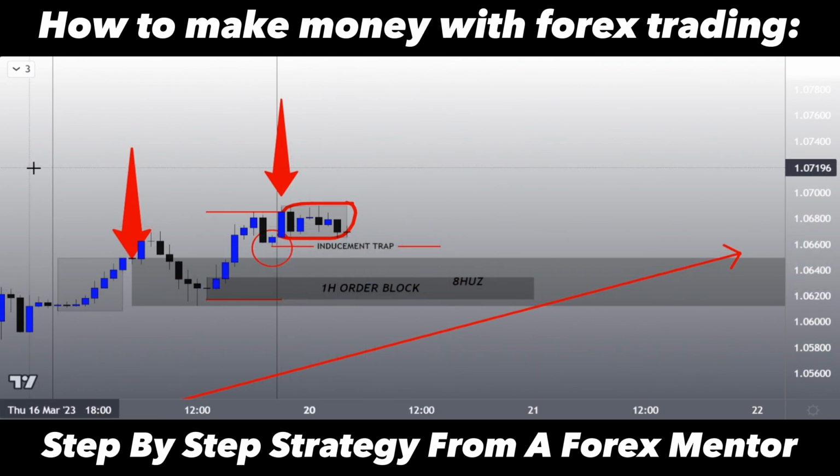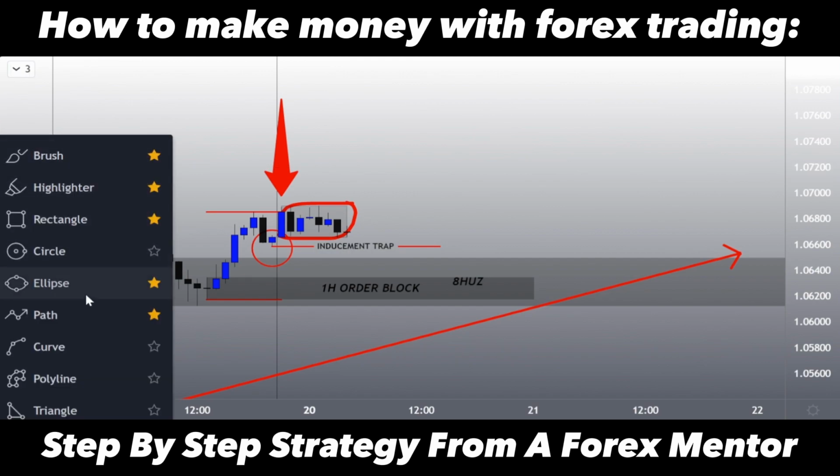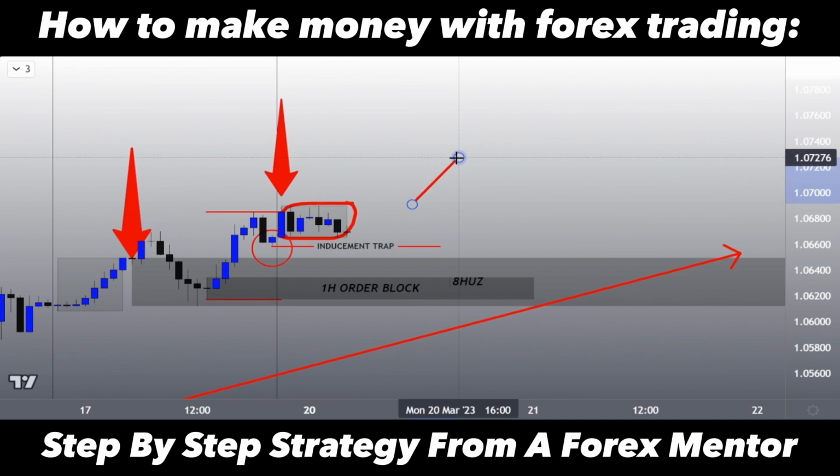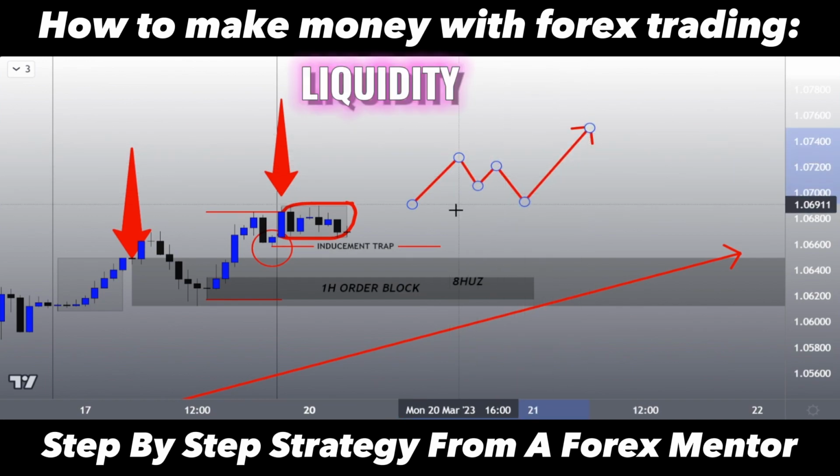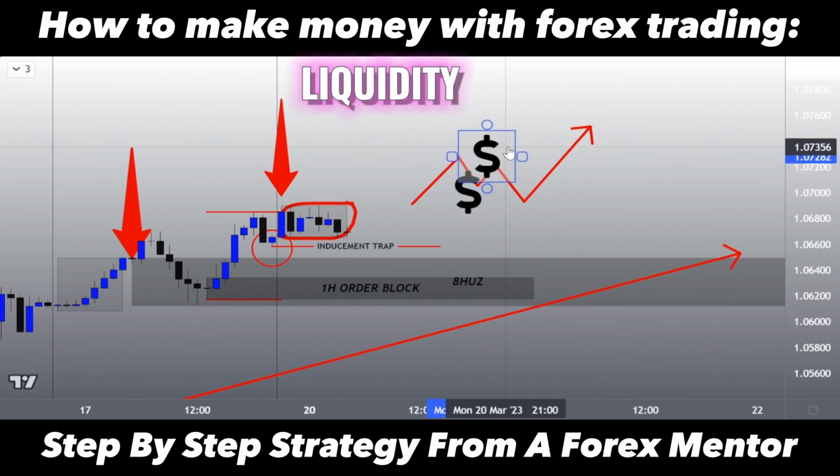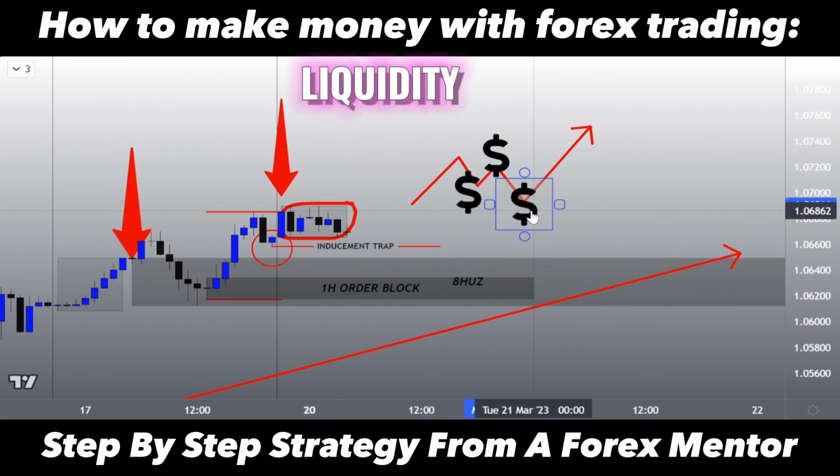So we are waiting for there to be a liquidity grab. Each swing low and swing high has liquidity. Liquidity simply means that there are people all over the world that have placed money around these levels. So each swing high and swing low typically has volume, and this volume is where people place their stop losses.